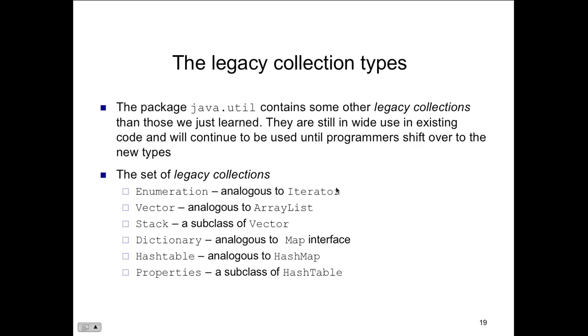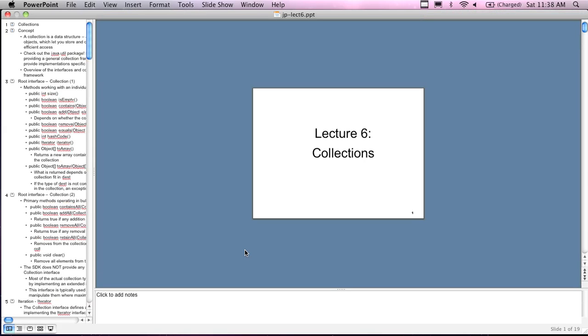The Enumeration, the Vector, the Stack, the Dictionary, Hashtable, Properties, and we'll see in my examples that I'm going to show you, we can create stacks and queues and lists from collections, from array lists, from linked lists that are already built into the collection. We don't have to use any of those legacy items, essentially.